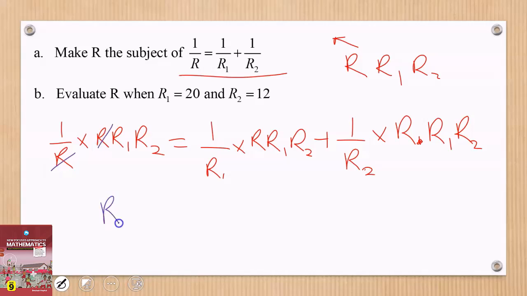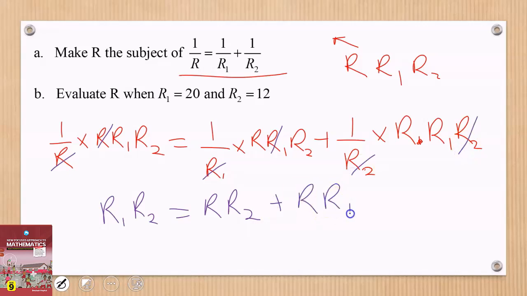This R1 will cancel this, leaving us with R2. This R2 will cancel R2, leaving us with R and R1. And since we are making R the subject, we group like terms, or we can do factorization.